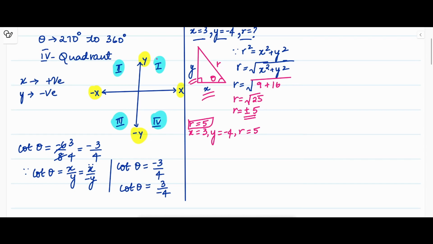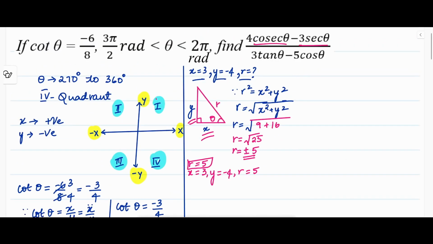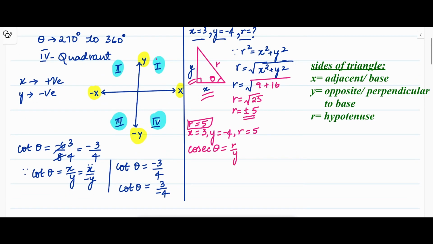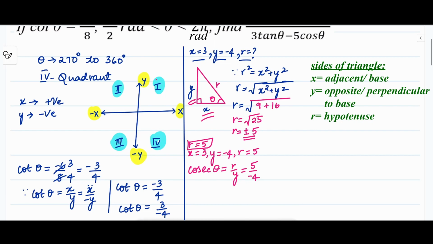Next we need to find out the value of cosecant theta, secant theta, tan theta, and cos theta. The definition of cosecant theta is always r by y. So the value of r is 5 and the value of y is minus 4. Next is secant theta. The definition of secant theta is always r by x. The value of r is 5 and the value of x is 3.